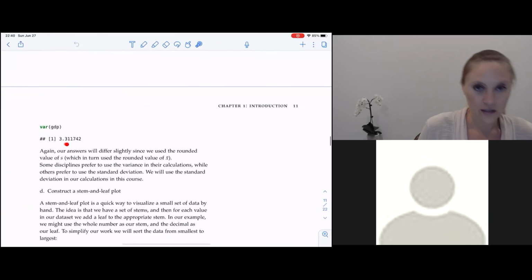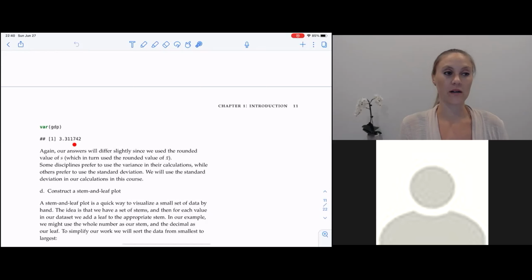So again, if you use software or Excel, whatever, SPSS, our answers are going to vary slightly, right? Or differ slightly. And that's because we've used the rounded value of X bar to find S, and then we used the rounded S to find the variance.